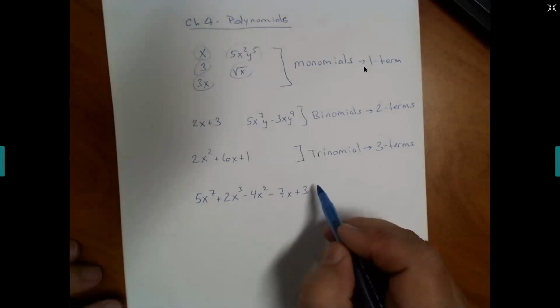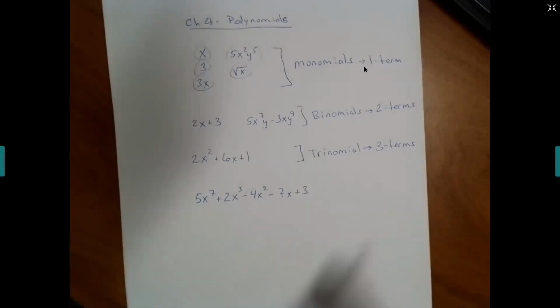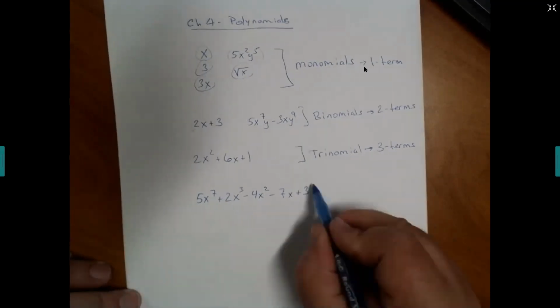Anything else beyond that? If you had four terms, we call it a quadrinomial, but that's just again too picky.